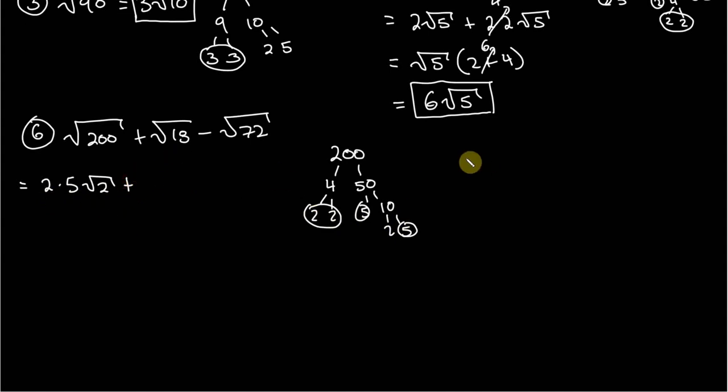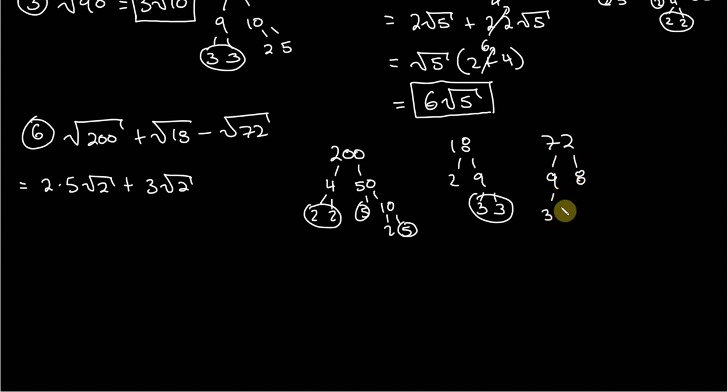Plus, and then we've got an 18. Well, we know 18 is just 2 times 9, and 9 is a perfect square, so we can factor out a 3, and we're left with 2 under the square root symbol. So it will be 3 root 2. And as for the 72, we know that this is 9 times 8. And 9 is a perfect square, 3 and 3, so we can factor out a 3.